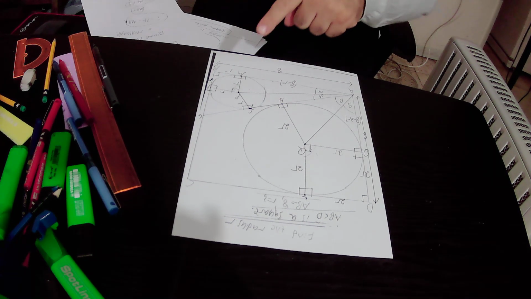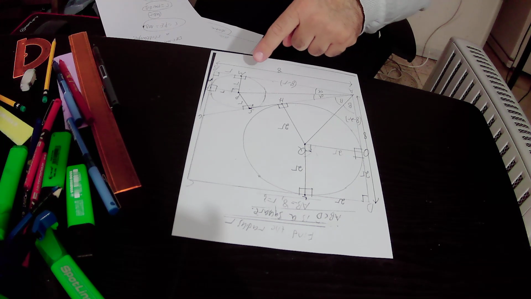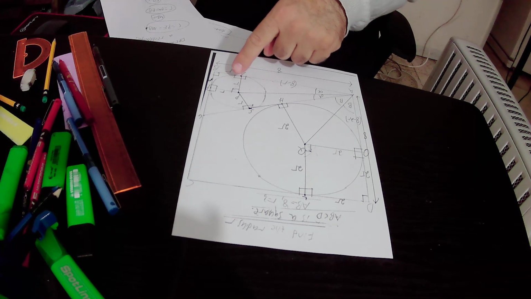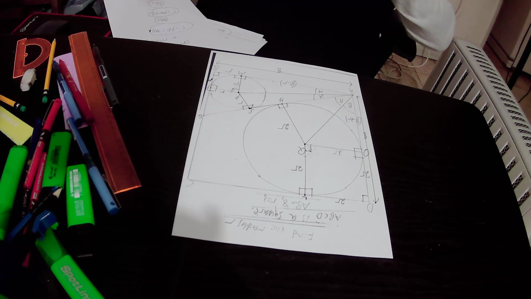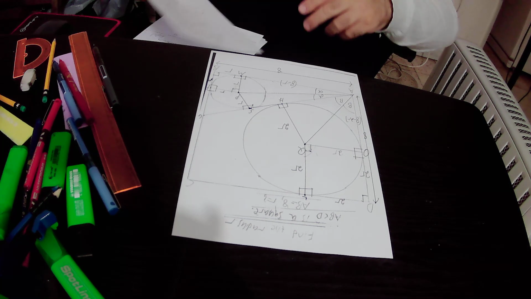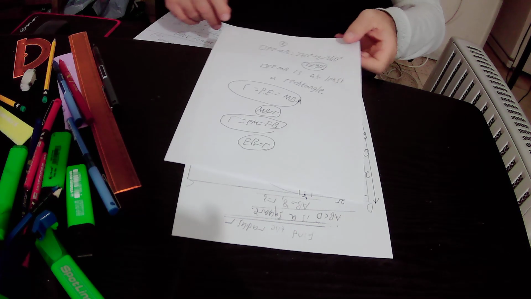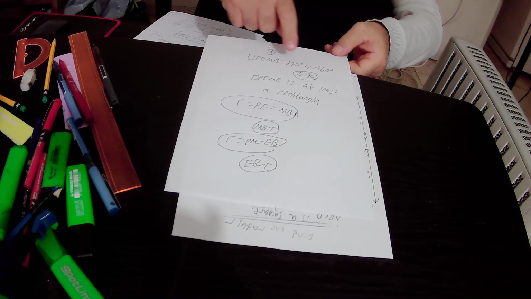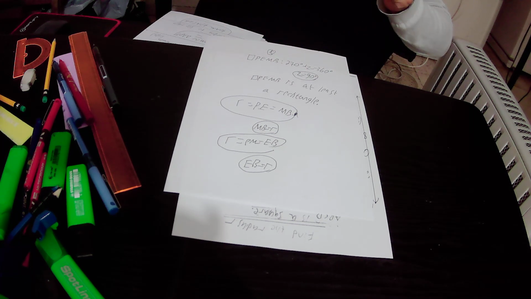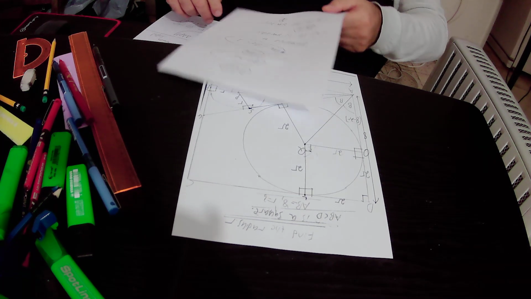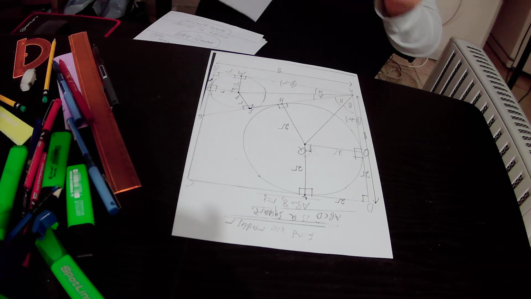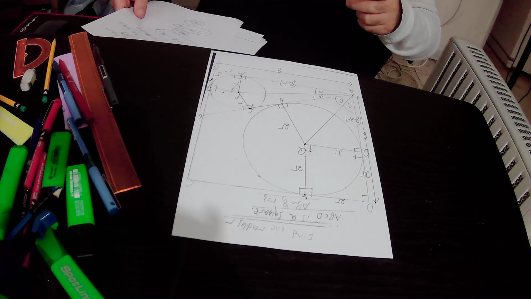So as you can see from the drawing, quadrilateral PEMB has 4 right angles. And any quadrilateral that has 4 right angles must be at least a rectangle. So quadrilateral PEMB is at least a rectangle. And we know that the opposite sides of a rectangle are equal to each other.